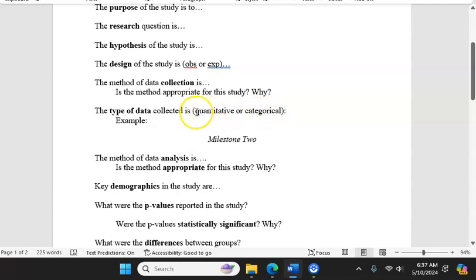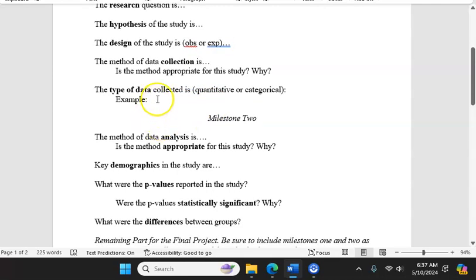Type of data, quantitative or categorical. So quantitative is where a bunch of numbers are possible, like heart rate, as opposed to categorical. An example there is yes, no replies in a survey, just two possibilities. But in heart rate, lots of possibilities. 70, 71, 72, and so on.